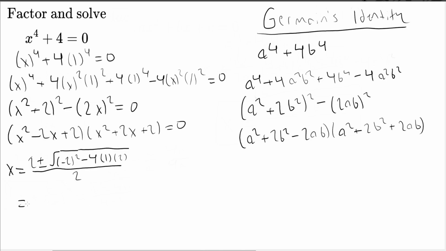So this is 2 plus or minus the square root of 4 minus 8, which is negative 4, over 2. So this is 2 plus or minus 2i over 2. So this is going to end up being 1 plus or minus i.